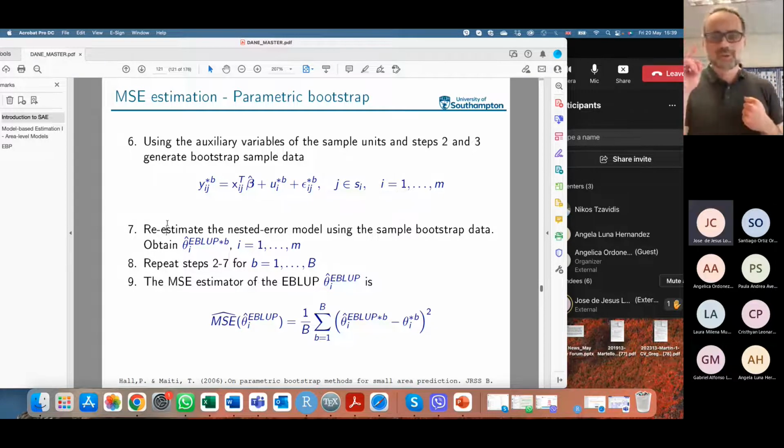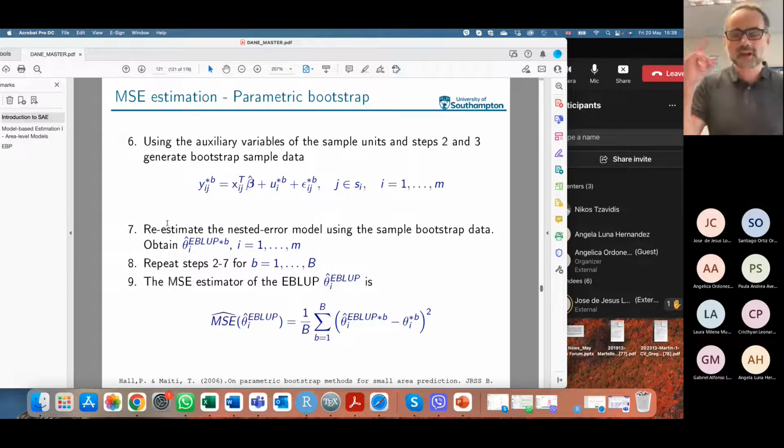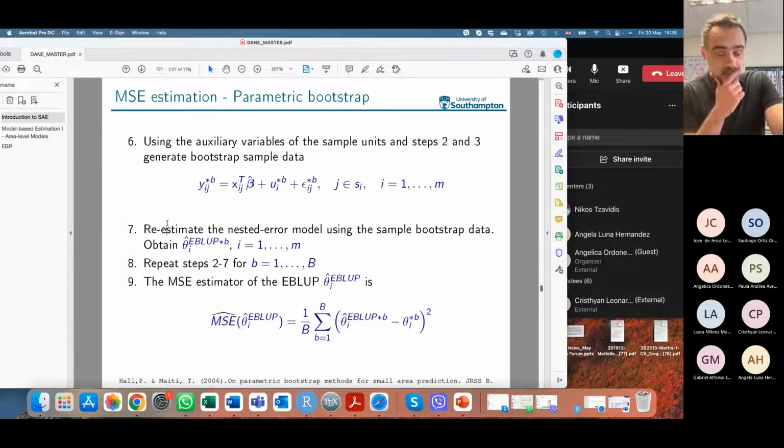If you can mute, because I get an echo. Yes, in order to fit the model, you use only the survey data. You don't need anything more. But if you want to predict the parameter of interest, let's say the small area mean, then you need some additional information, and that is basically the population values of the Xs. Is that clear, Jose?